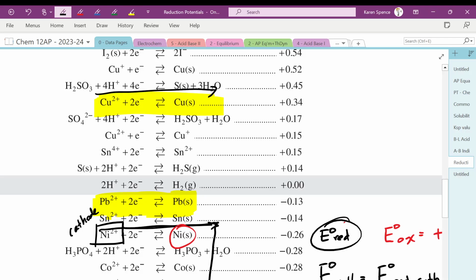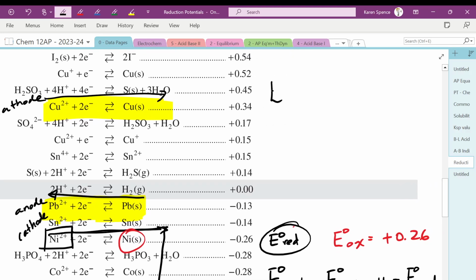That's our reduction. And then that means that lead is the anode. And which direction does that mean its half reaction is going? To the left.